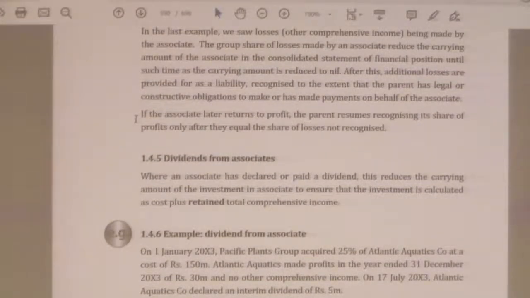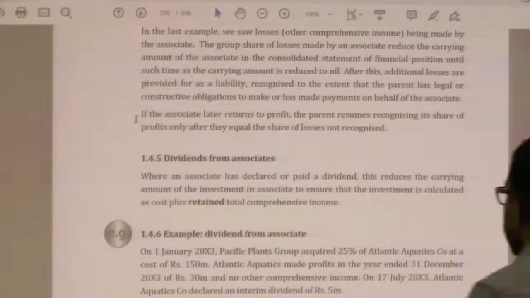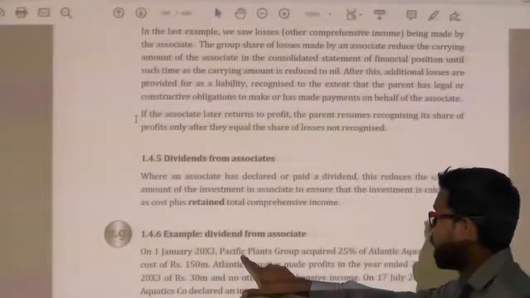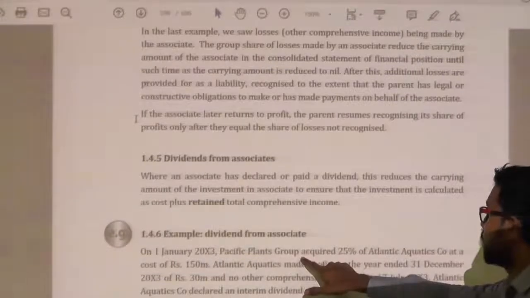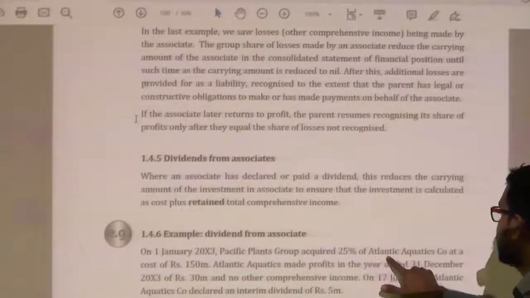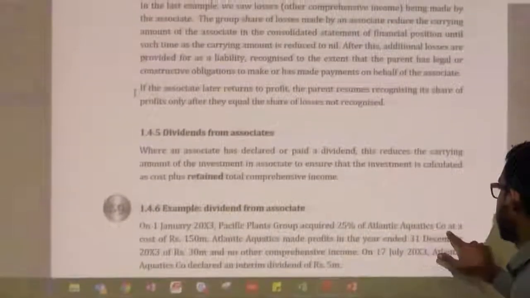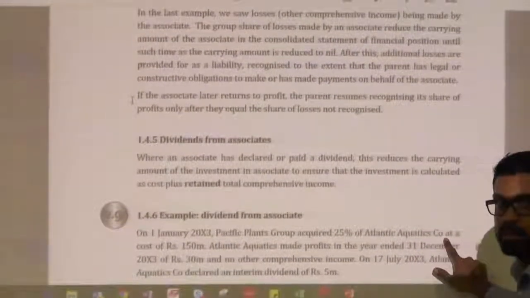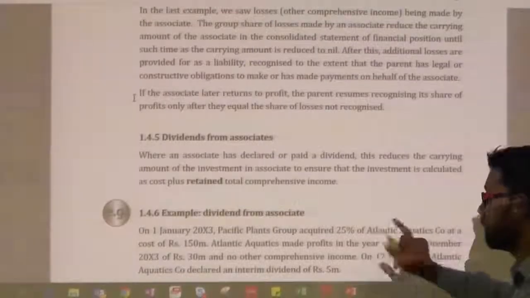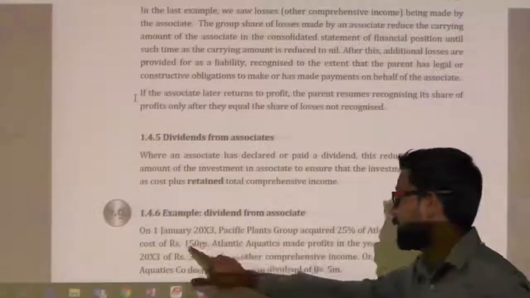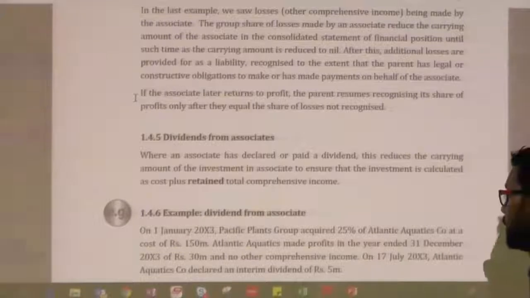Very simple question. On January 2003, Pacific Plant Group acquired 25% of Atlantic Aquatic Company, an associate company, right? Significant influence, more than 25%, at a cost of 150 million.